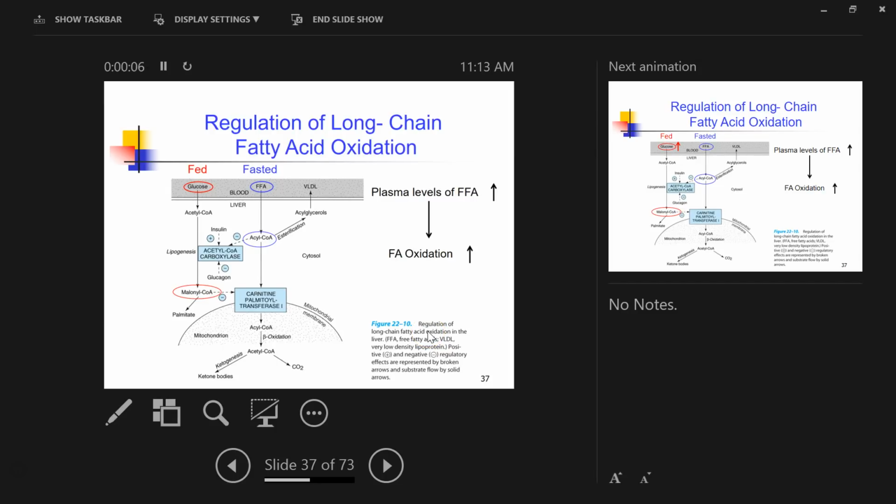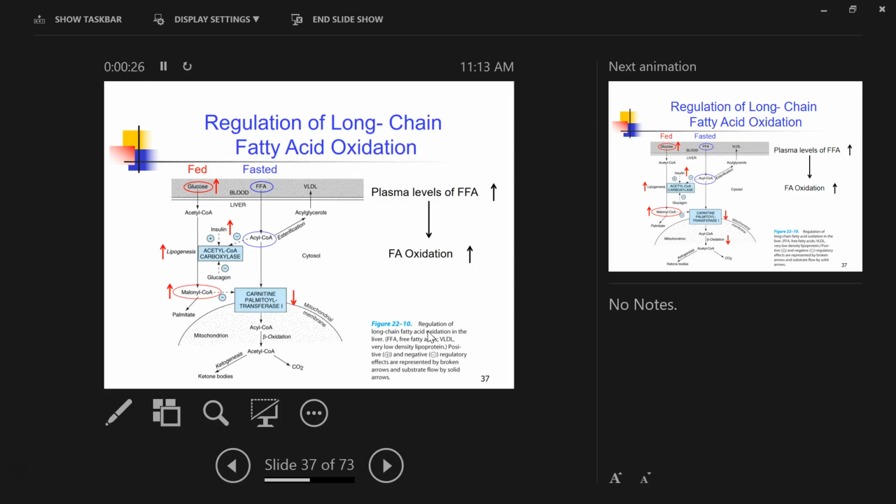Basically, plasma levels of fatty acids increase fatty acid oxidation.